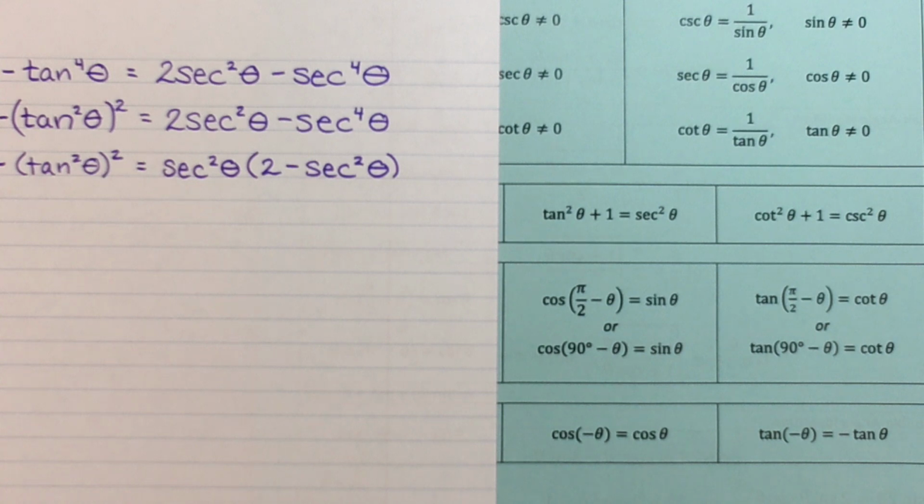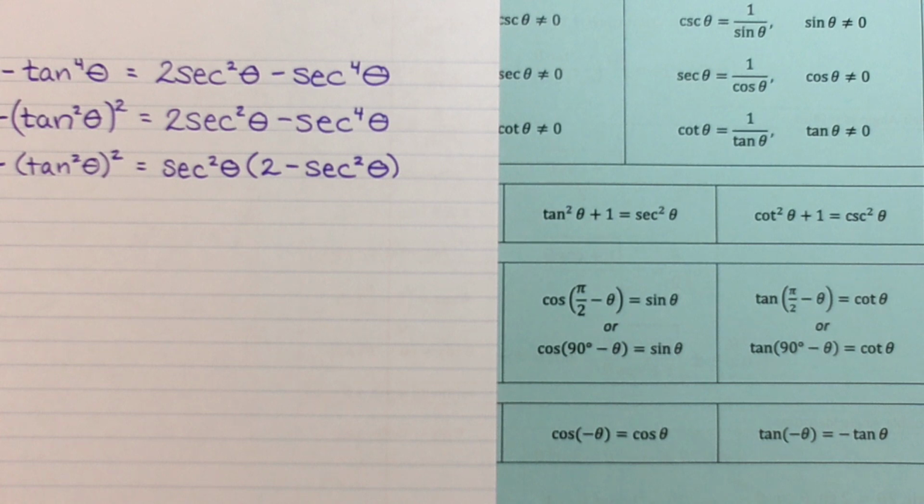Now, there's a couple of different ways that we can approach this problem. One way is to manipulate our identity to try to get something close to this. That is not going to be pretty.